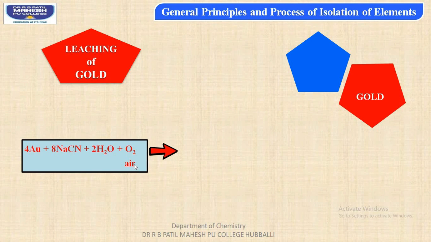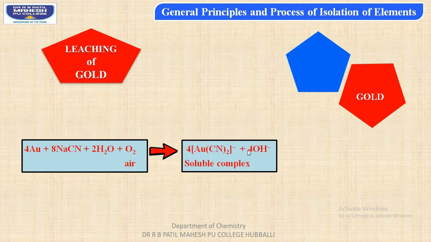So it is forming a complex which is soluble in the water, and apart from it, hydroxyl anion. In this way, gold can be made to form a complex soluble in the water, which can be easily isolated from the rest of the gangue particles.